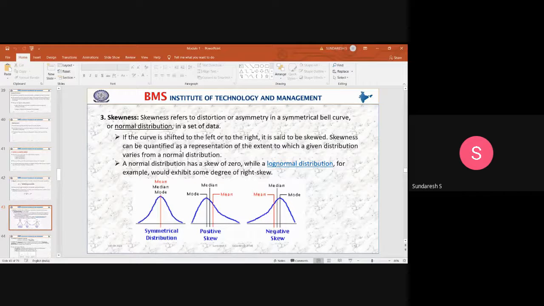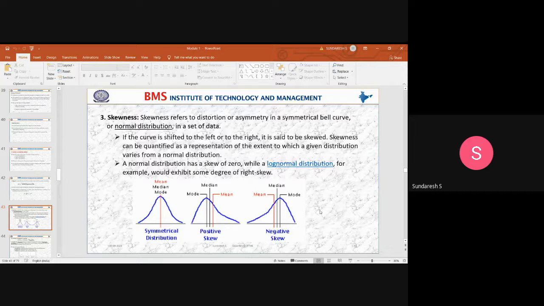So what do you actually mean by skewness? When you look at these bell curves, skewness refers to the distortion or asymmetry in a symmetrical bell curve or normal distribution in a set of data.